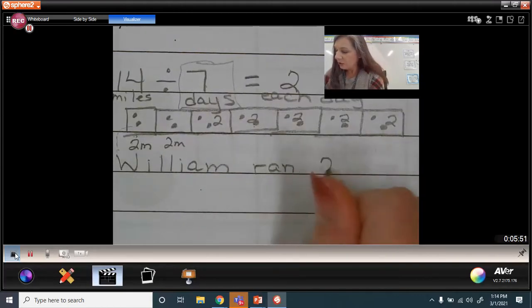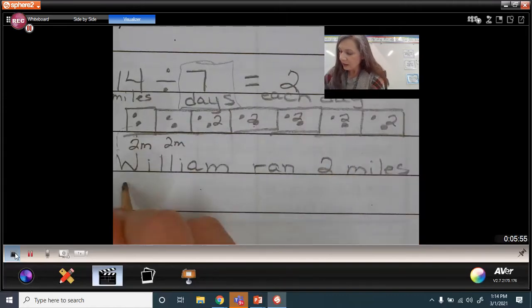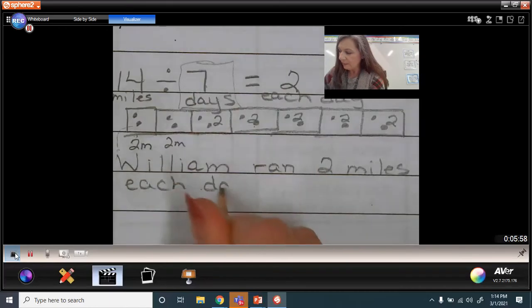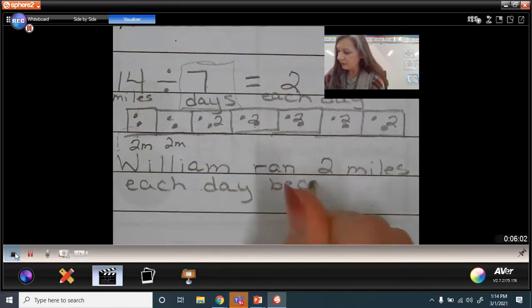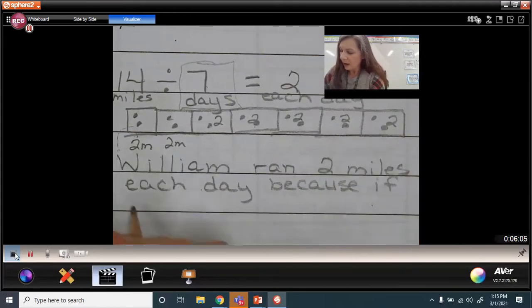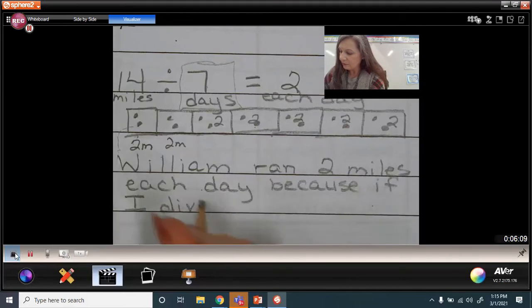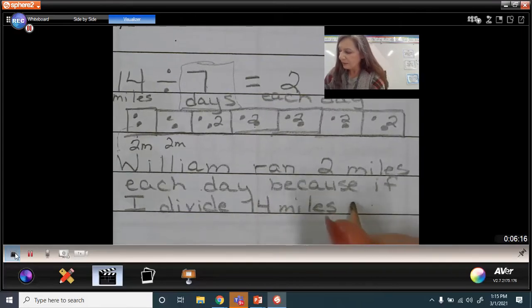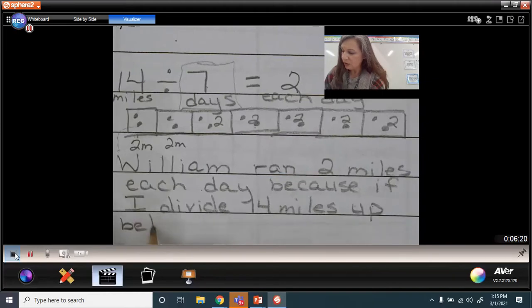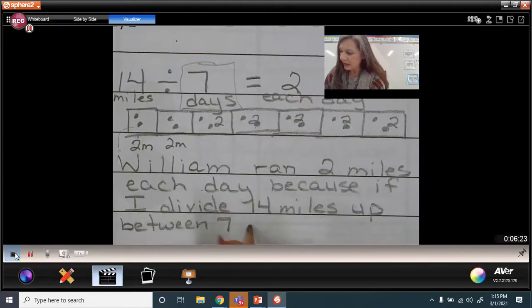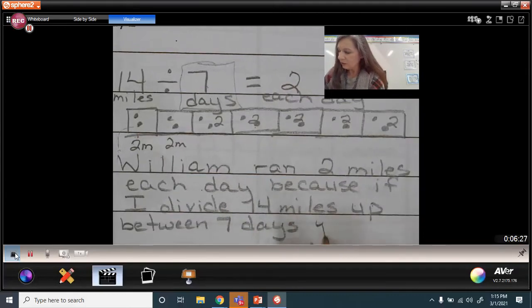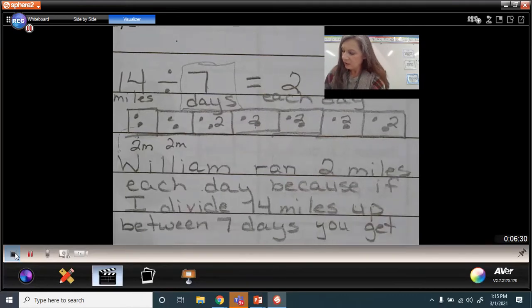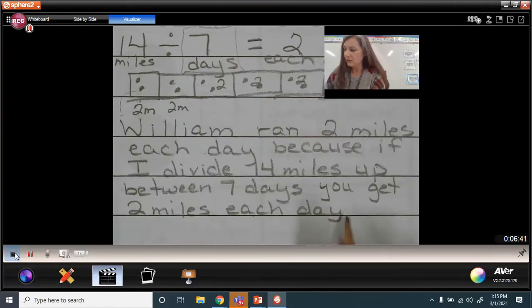William ran 2 miles each day because if I divide 14 miles, and these are the total miles, up between 7 days, you get 2 miles each day. All right, so here is your response.